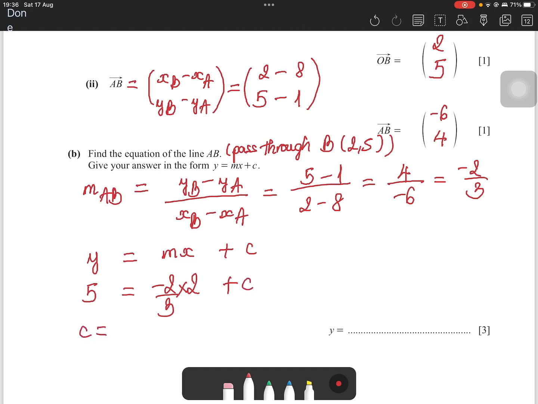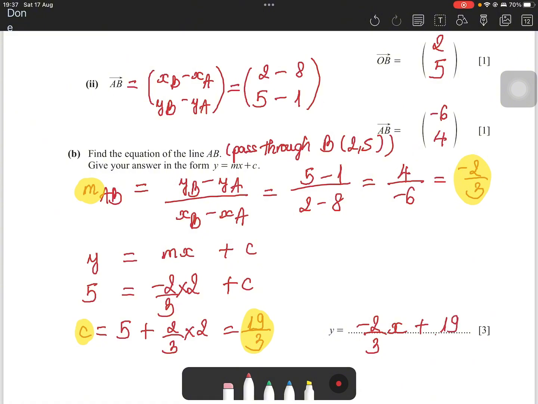So to find the value of c, we add 2/3 times 2 to both sides. So this is 5 plus 4/3 equals 19/3. So the equation is y equals mx plus c, m is negative 2/3 and c is 19 over 3. So the answer is y equals negative 2/3 of x plus 19 over 3.